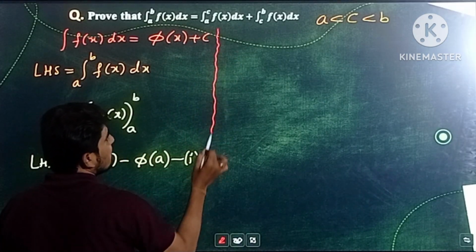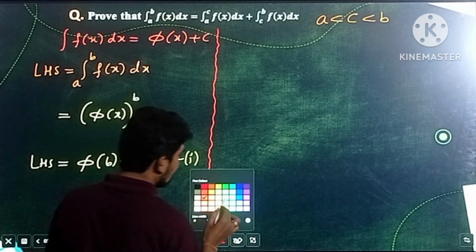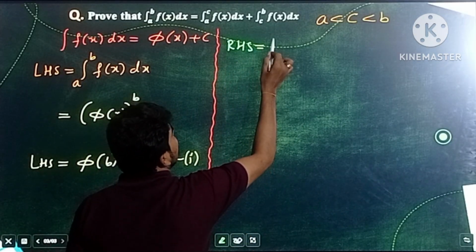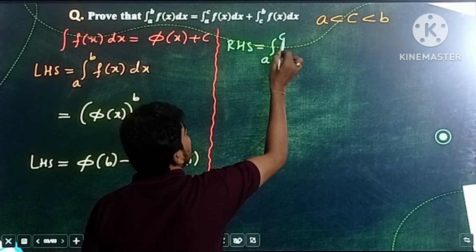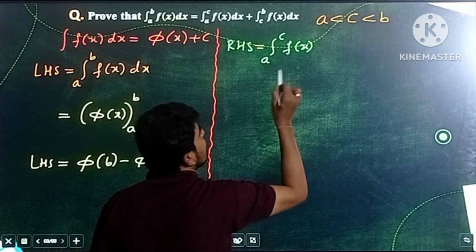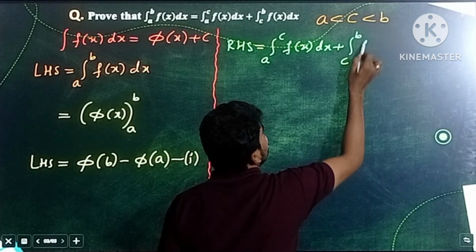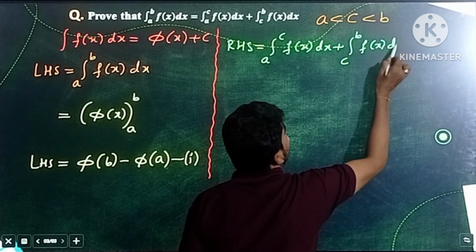What is the RHS here? The RHS of the property is the integration from a to c of f(x) dx plus the integration from c to b of f(x) dx.